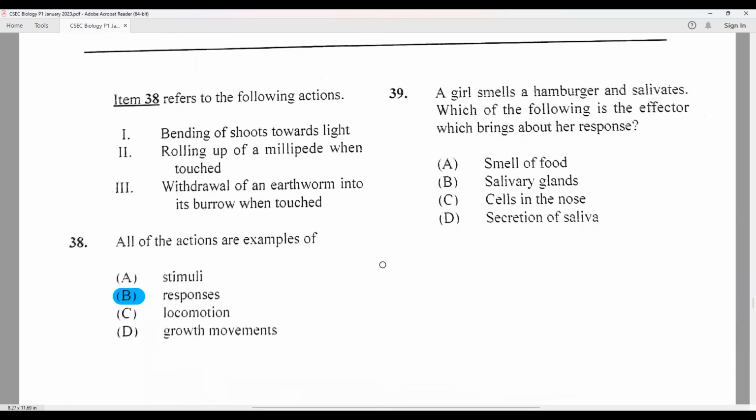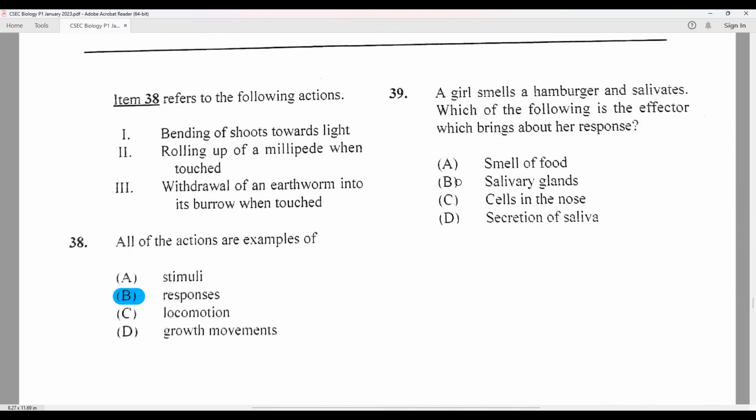39, a girl smells a hamburger and salivates. Which of the following is the effector which brings about her response? The smell of food, salivary glands, cells in the nose, secretion of saliva.